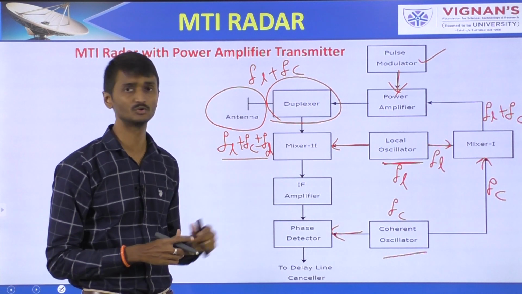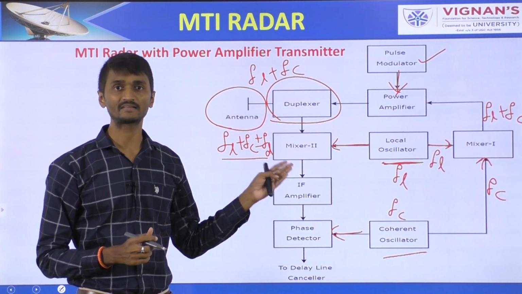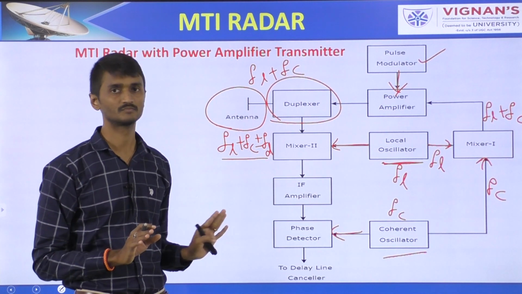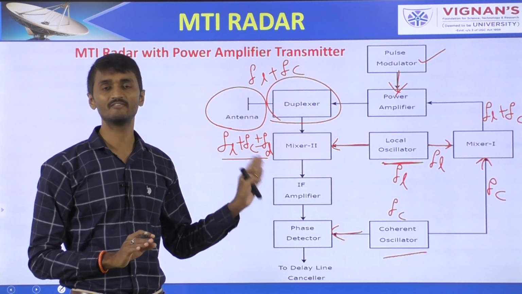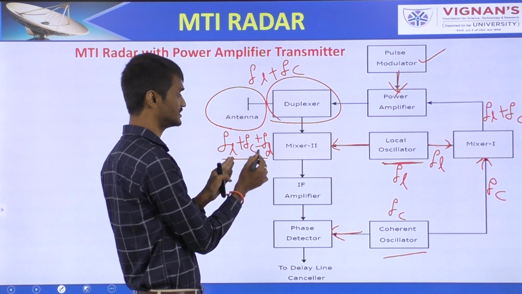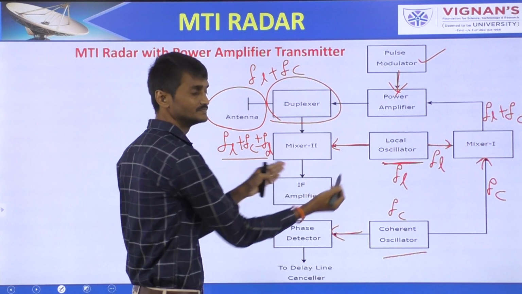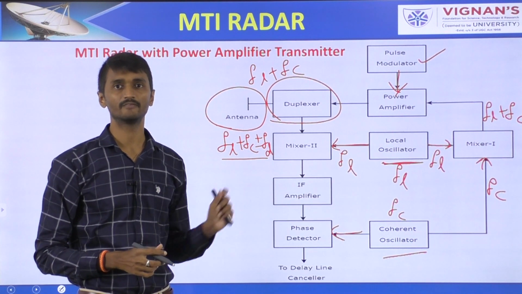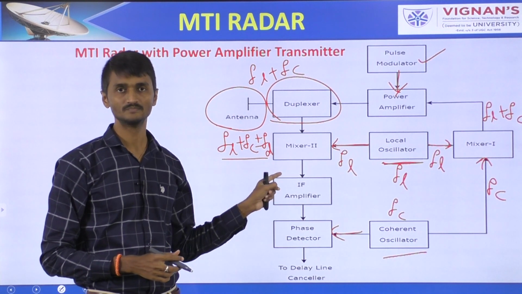Now coming to mixer 2. Mixer 2 can produce either the sum or the difference of the frequencies that are applied to it. We know that the signals having the frequencies FL plus FC plus or minus FD and FL are applied to mixer 2.